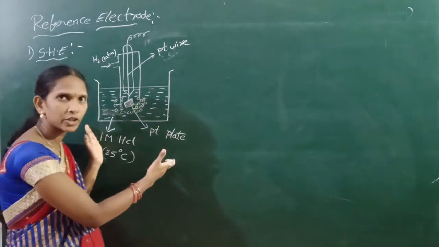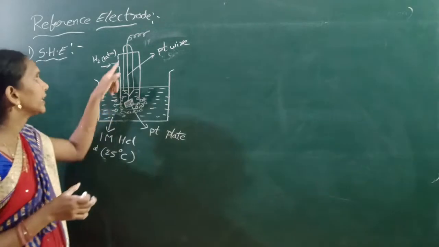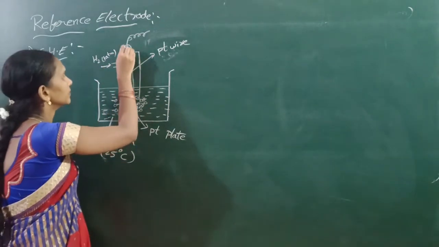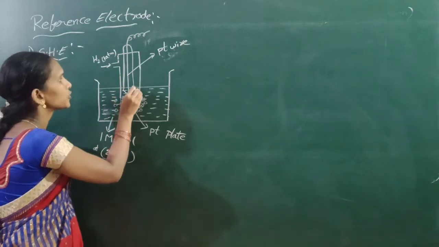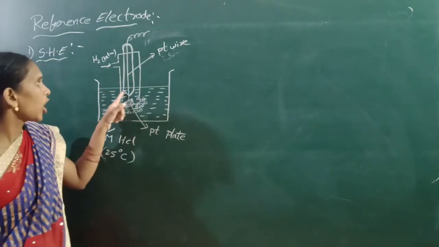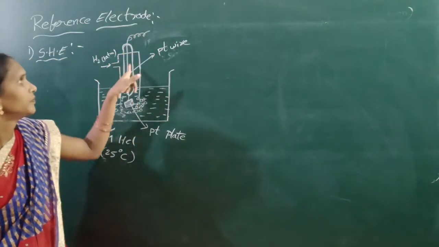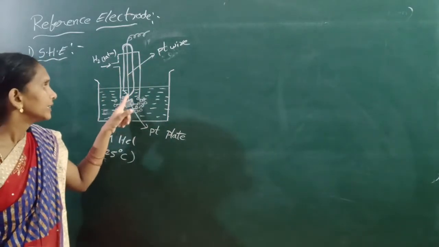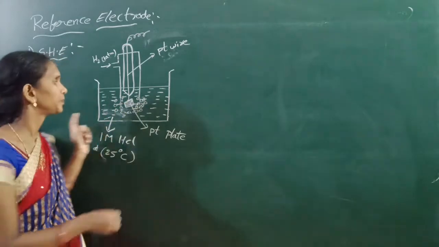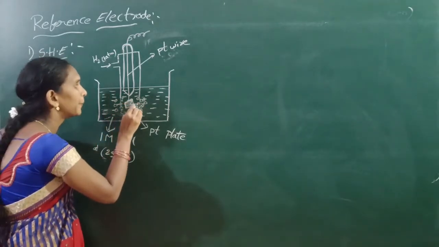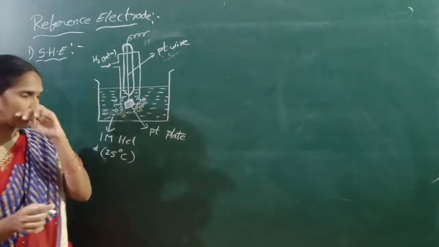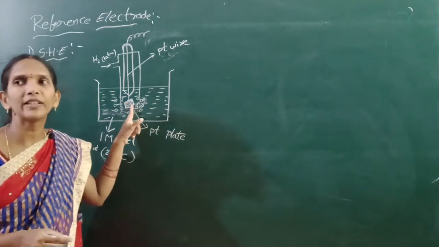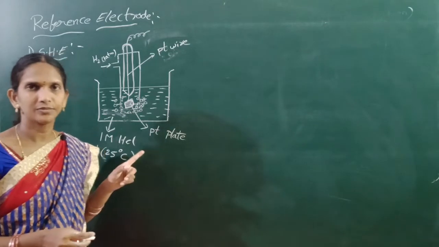In this electrode, the glass tube consists of platinum wire. This platinum wire is connected to a platinum plate, and this platinum plate is coated with platinum black.